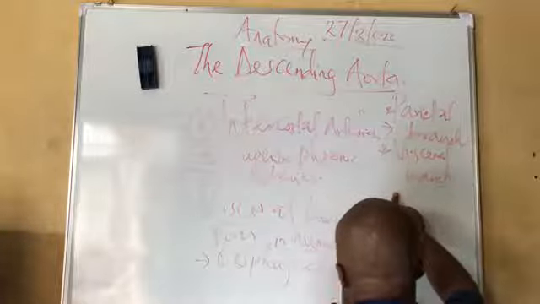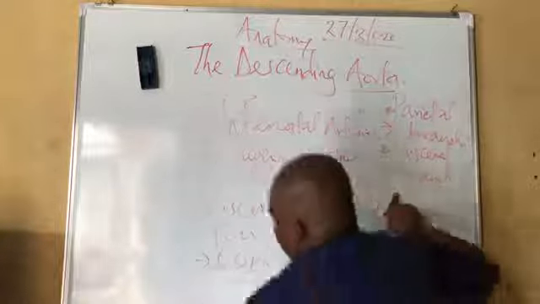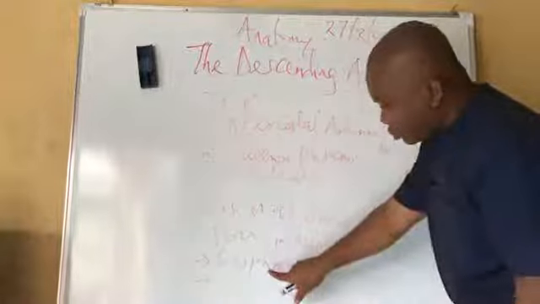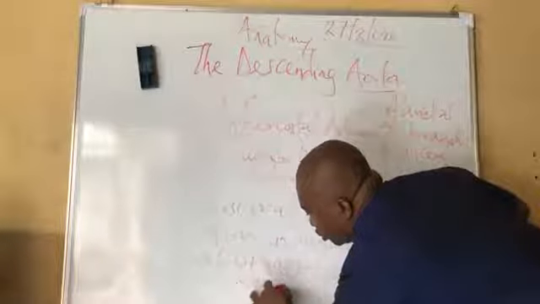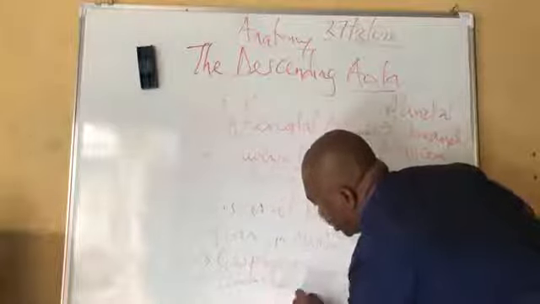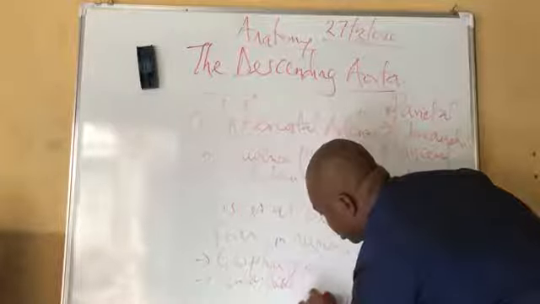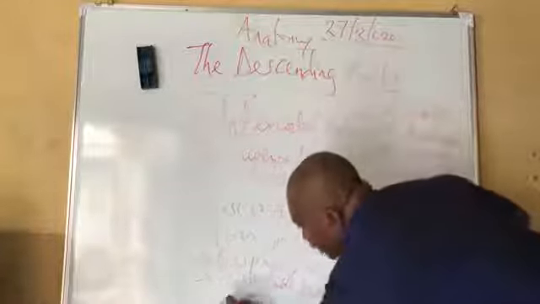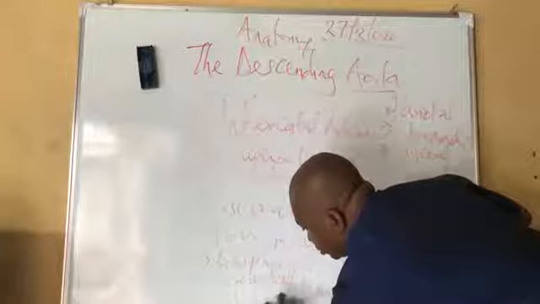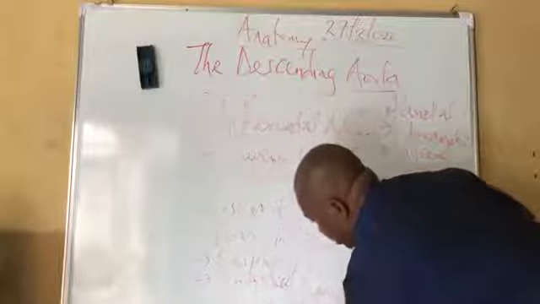Two, the pericardial branch that goes to the pericardium. Three, the mediastinal branch.